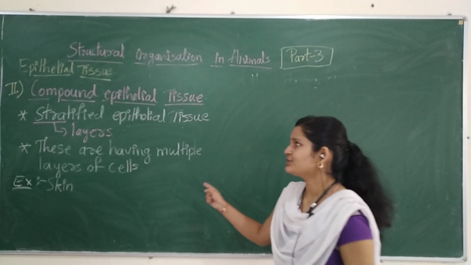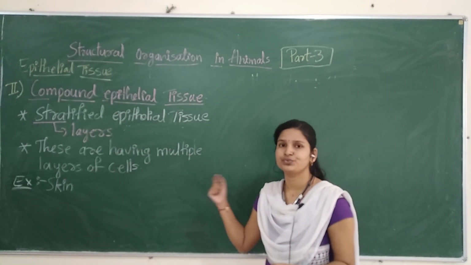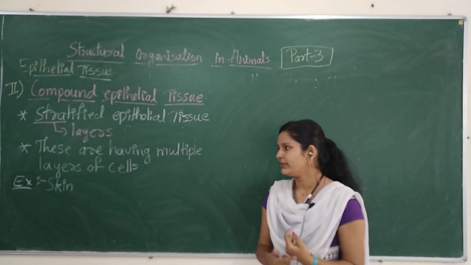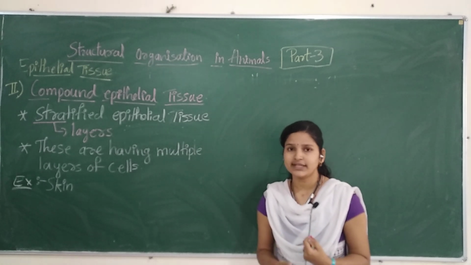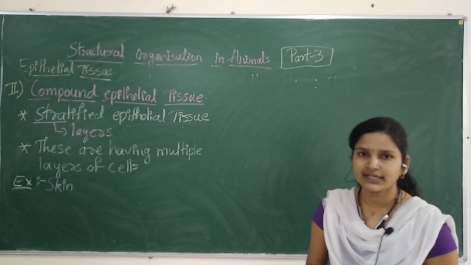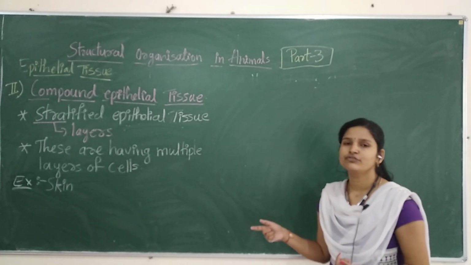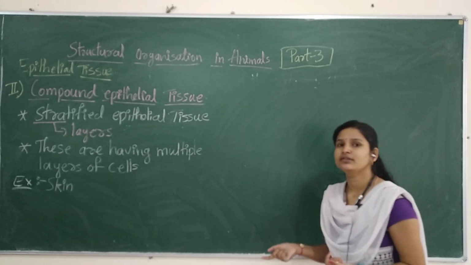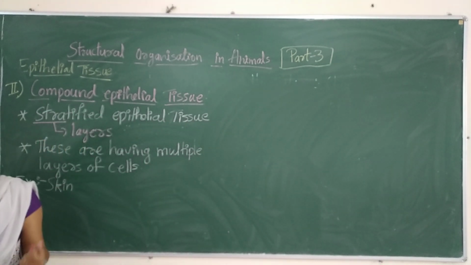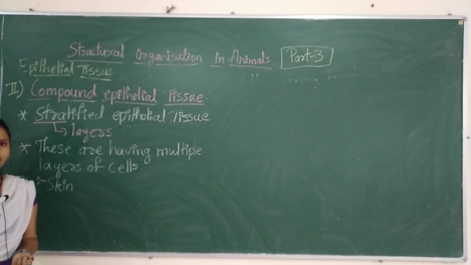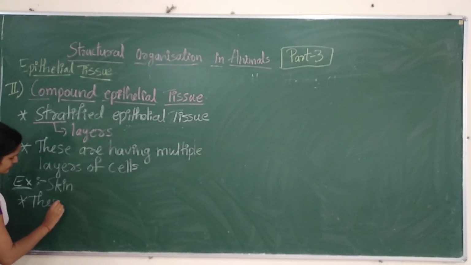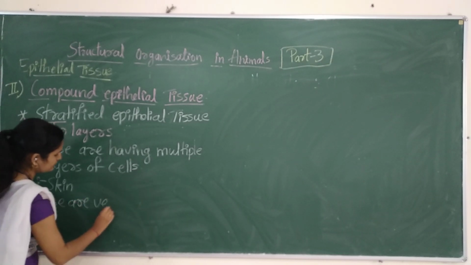But there is a presence of compound epithelial tissue, that's why it is protecting your body. So skin is a compound epithelial tissue, and these mainly help for protection. If you remember the example, you can remember the function very easily. So these are very protective in function.